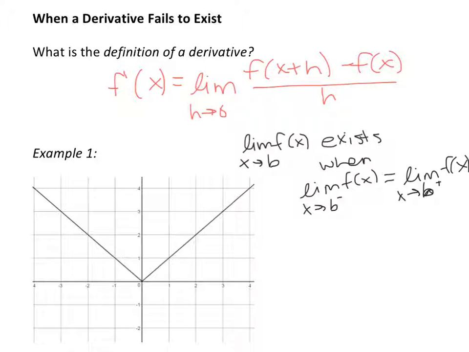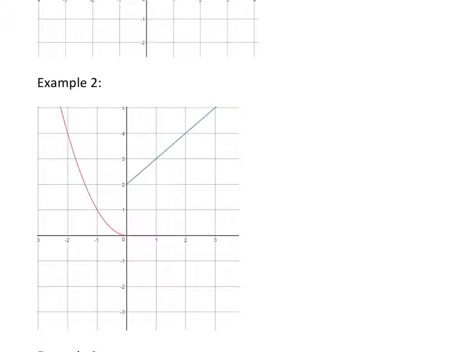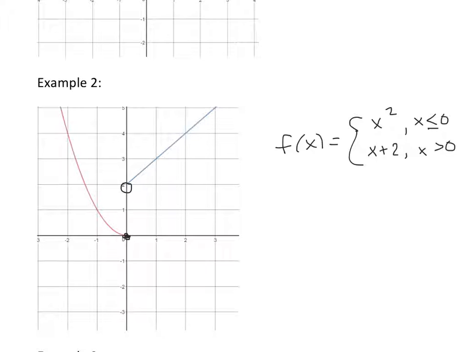So I actually want to look first with you at example 2. Example 2 is the piecewise function f of x, where f is x squared when x is less than or equal to 0, and x plus 2 when x is greater than 0. So this is your closed circle down here, and this is your open circle. If we look at this piecewise function, I know that you know this limit does not exist at 0.